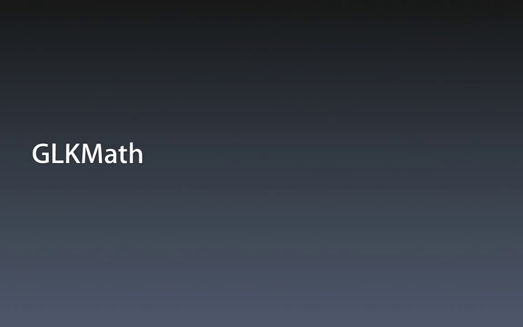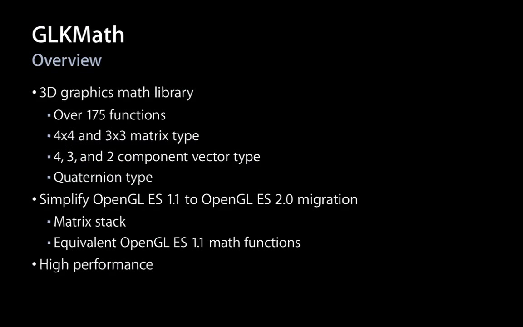All right, next is GLKMath. This is a 3D graphics math library. We have over 175 functions that you don't have to implement. We have a number of common types: 4x4 and 3x3 matrix, 4, 3 and 2 component vector types, and even a quaternion type. The idea is, you don't have to write this for ES2, but we also wanted to consider what you would have to do to port from ES1 to 2.0.